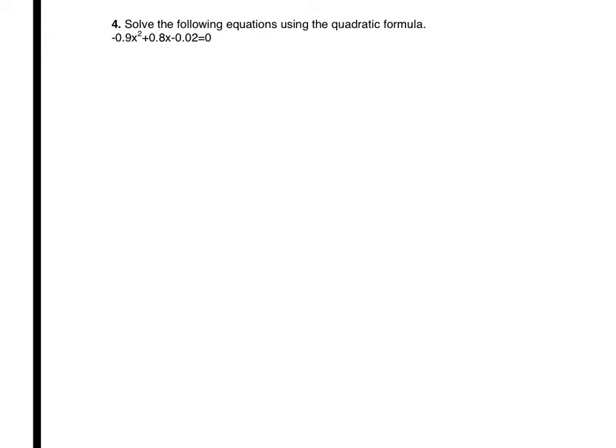Okay, the next one is to solve this equation with all the coefficients being decimal values. We use the quadratic formula. The formula says that x1 and x2 is equal to minus b plus or minus the square root of b squared minus 4ac, divided by 2a.